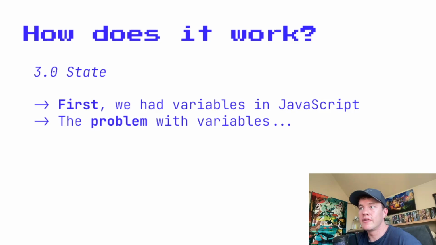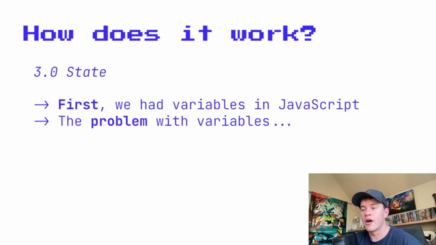Now, the problem with variables inside of React is that if we have a standard variable, we could say let age equal to 27. If we go ahead and update that variable, the JavaScript will indeed update. However, React isn't listening for that change. For React to work, we need to have JavaScript, and we also need to paint it to the screen to make it look pretty.